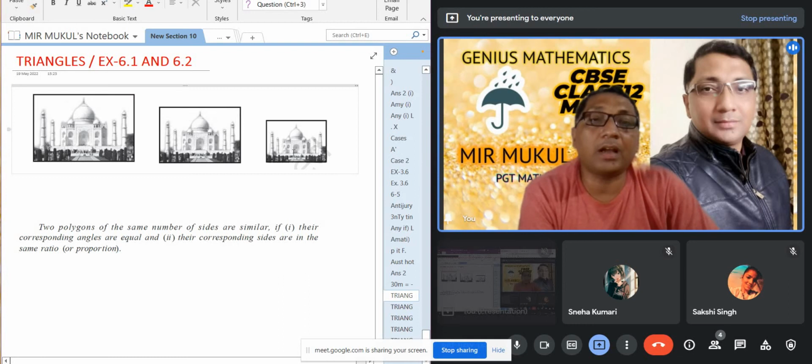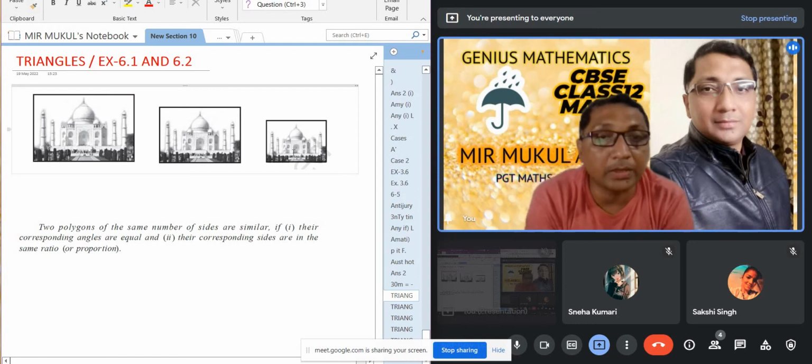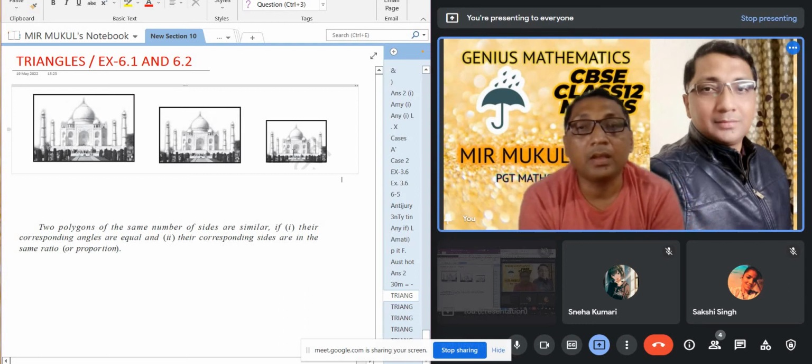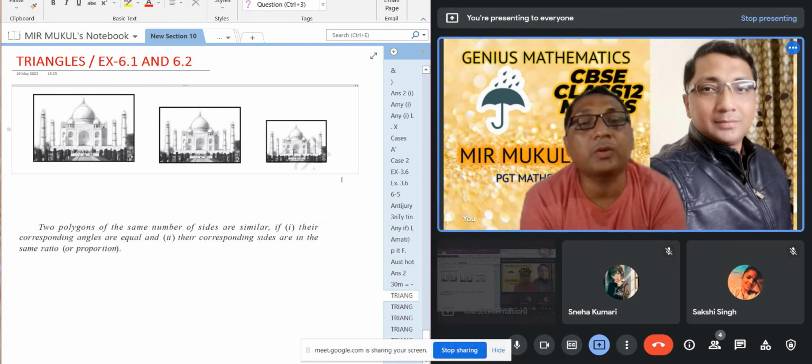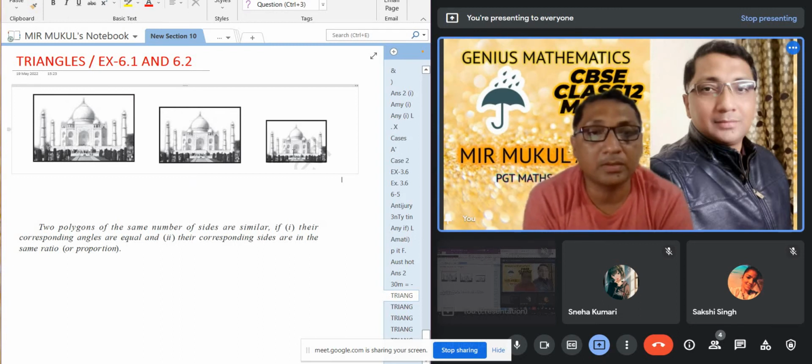All these figures are not congruent. If you keep any figure on another figure, they will not coincide with each other. So they are not congruent, but they are similar.